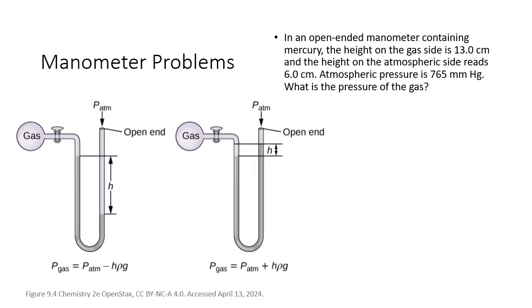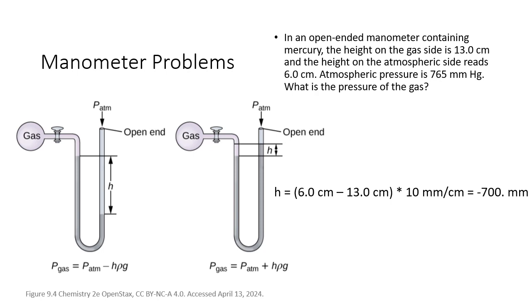In an open-ended manometer containing mercury, the height on the gas side is 13 centimeters and the height on the atmospheric side reads 6 centimeters. Atmospheric pressure is 765 millimeters of mercury. What is the pressure of the gas? So I'm going to do the pressure on the atmospheric side minus the pressure on the gas side. 6 minus 13 is negative 7, times 10 to convert to millimeters is negative 700 millimeters of mercury.